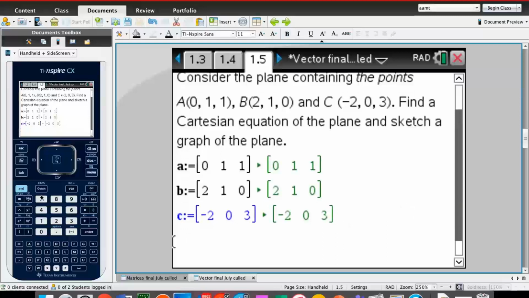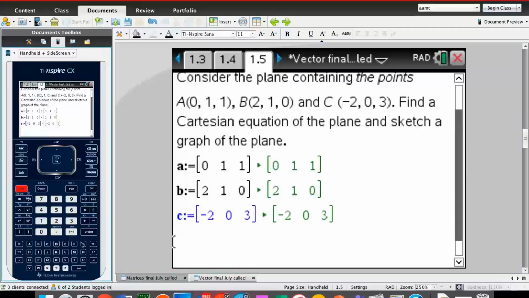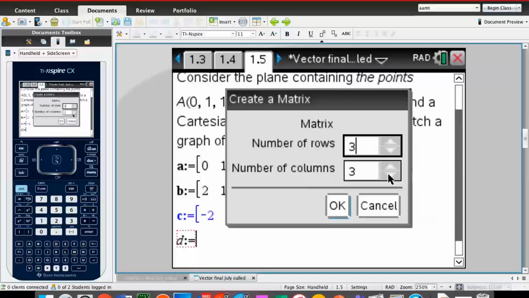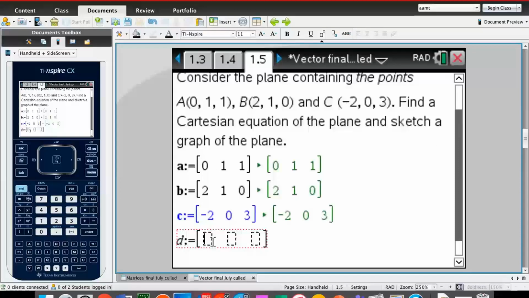I wanted to do a point D, because I've defined these already. I need to put in that column there, and then I can put in, using the equation template, a vector, another vector. Okay, so there's my other vector.